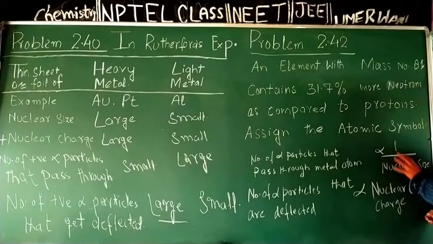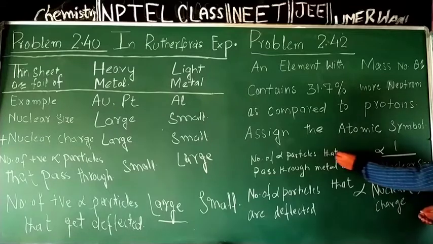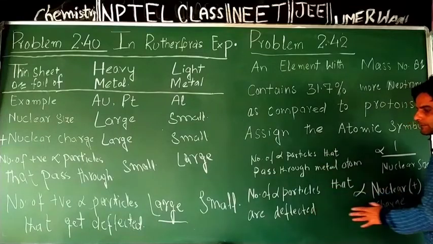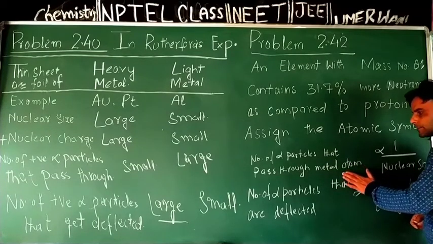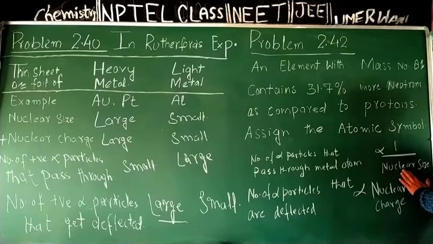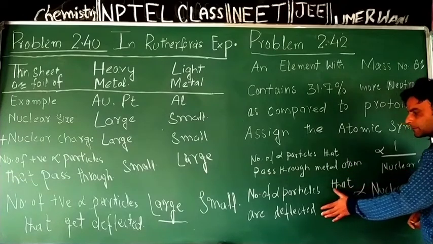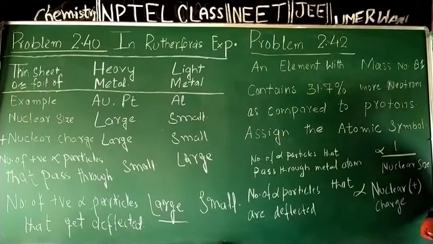And it all depends on the nature of the metal atom, whether the metal atom is heavy or light. We can correlate the number of alpha particles passed through and the number of alpha particles deflected with nuclear size and nuclear charge. The number of alpha particles that pass through has an inverse dependence on nuclear size, and the number of alpha particles that are deflected has a direct dependence on nuclear charge.